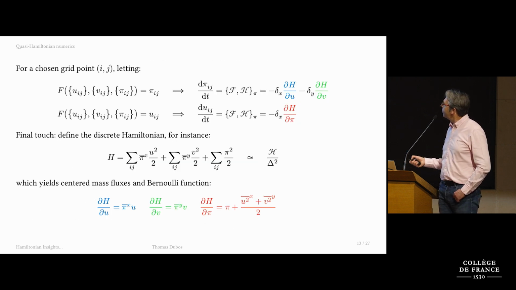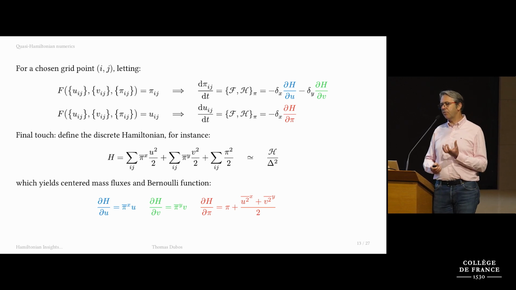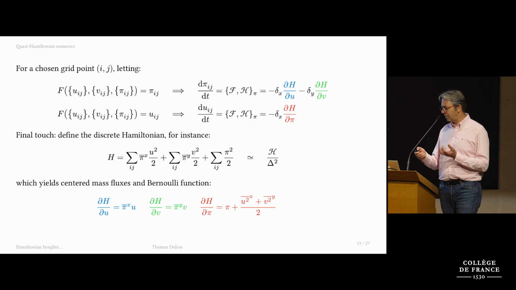So after I compute my derivative of energy, I find that this is a centered mass flux, and this is the corresponding expression for the Bernoulli function. So the advantage of this procedure is that we move forward instead of backward, right?